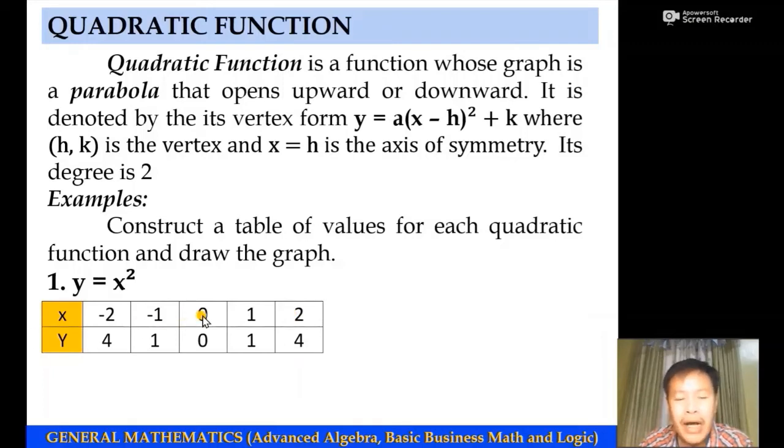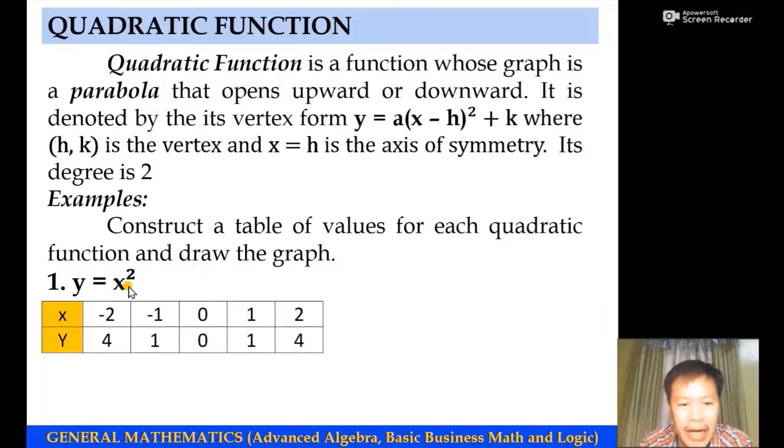Therefore, if the abscissa of the vertex is 0, 0 minus 1 is negative 1. Then negative 1 minus 1 is negative 2. Then from 0, 0 plus 1 is 1. 1 plus 1 is 2.